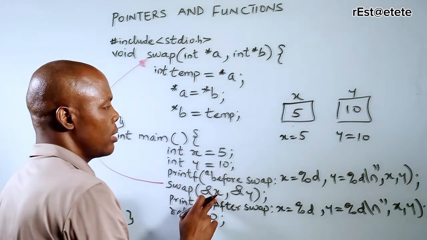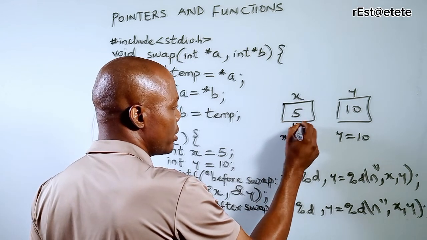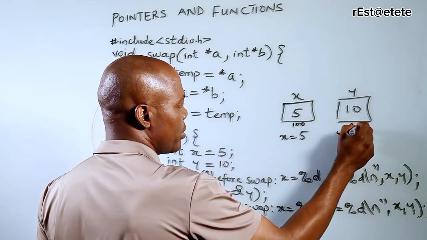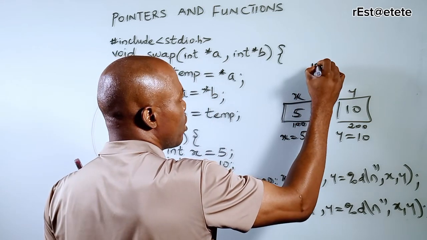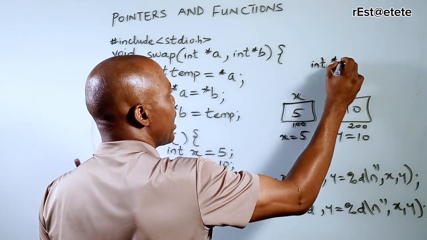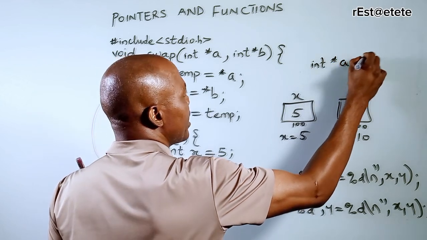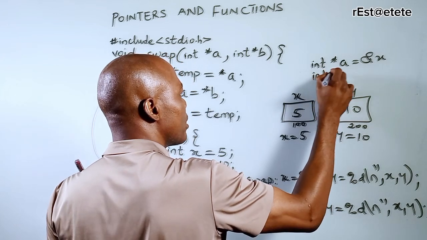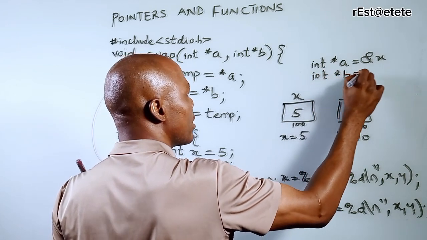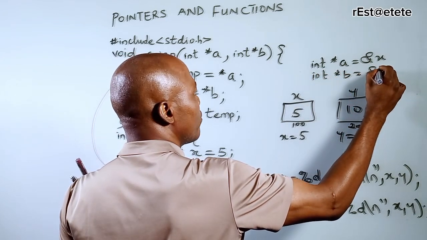If address of x is 100, address of y is 200, right? So I'm supplying it to this place. This one becomes int pointer a, assign address of x. Pointer b, assign address of y.